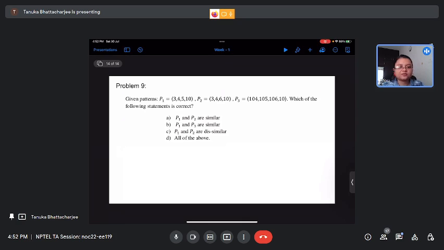Here you have been given 3 particular patterns and you have to say which of them are similar. These are 4D feature vectors, or 4-dimensional patterns, whatever you say. If you go into a 4-dimensional space, all of these will be points.